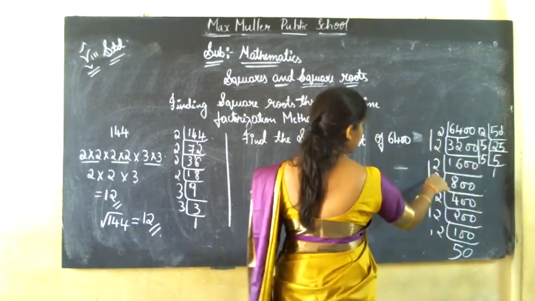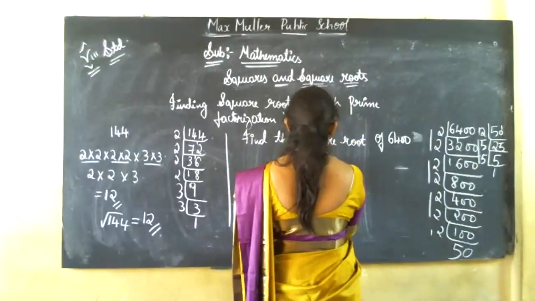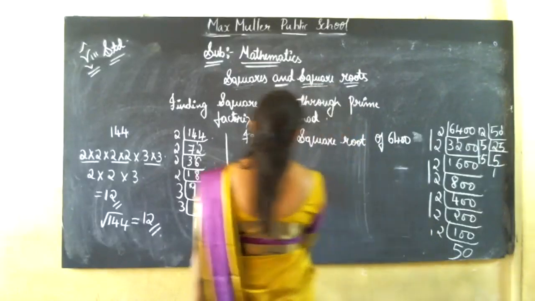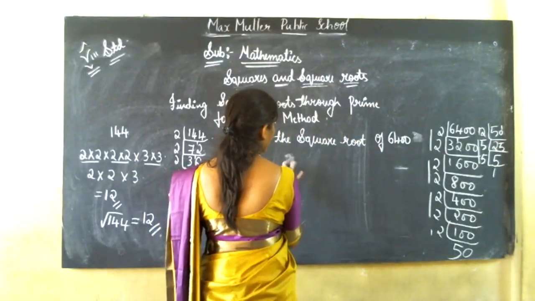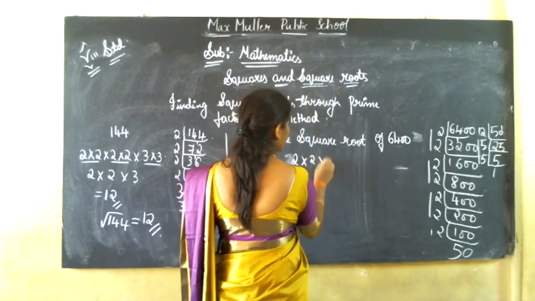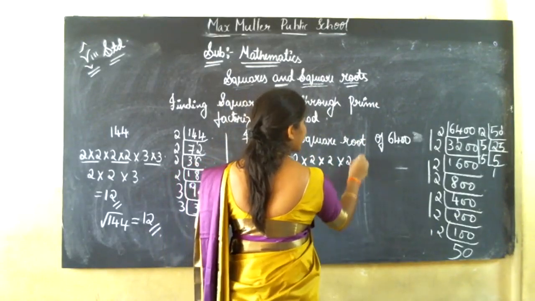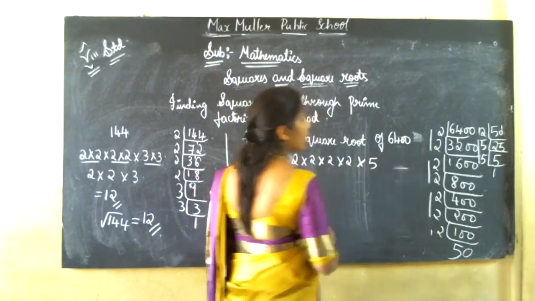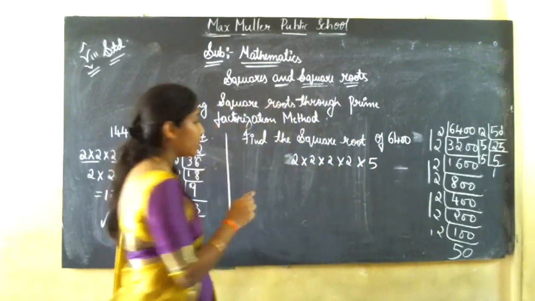So it is 1, 2, 3, 4, 4 2s. 2 cross 2 cross 2 cross 2 into 5 cross 5. 1 you have to take.